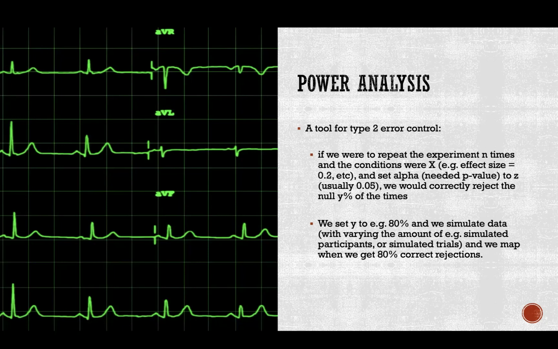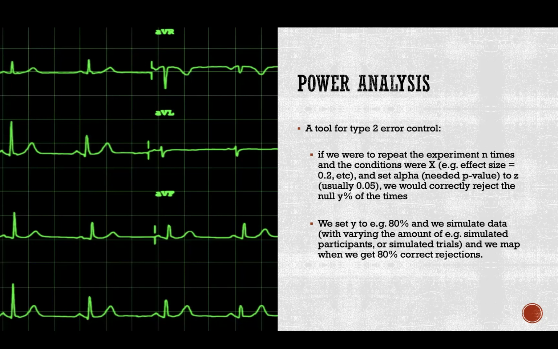The number of times that in a very long sequence of repeated experiments with the conditions that you're using would correctly reject the null, would correctly get a p-value below 0.05. All right, so we can set y to 80%, very standard.